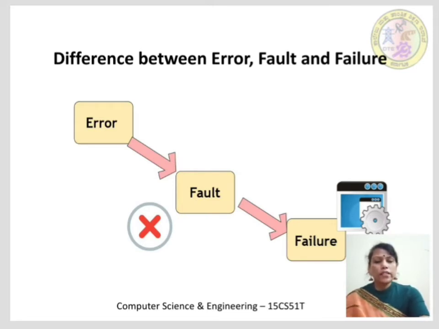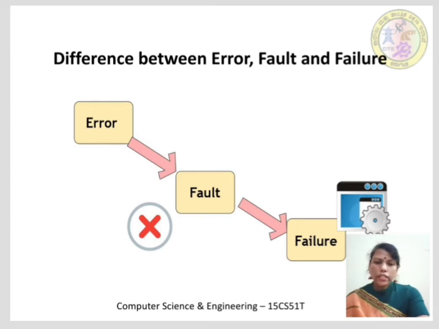Let's understand the difference between error, fault, and failure. These are often misunderstood by beginners in the testing field. Error is the difference between the value which is calculated by a human and the value which is correct according to the theory or standard computation.